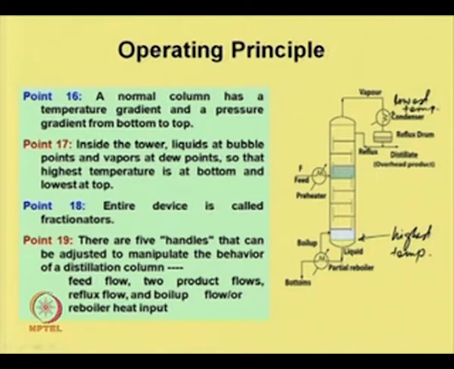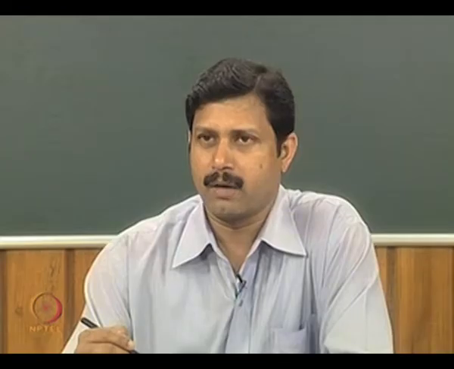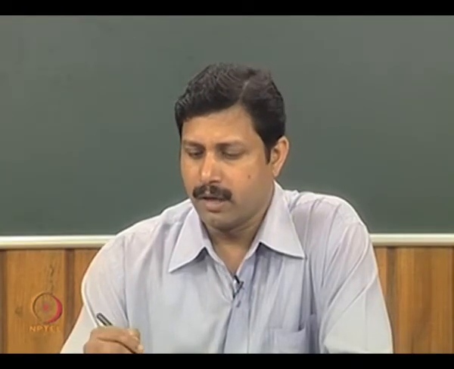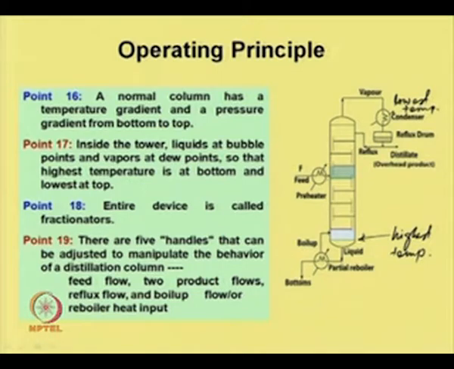As we said, the distillate is richer in the more volatile component, and all the liquids inside the column are at their bubble points and the vapor is at its dew point. So, the temperature at the top of the tower is low compared to the bottom of the tower.